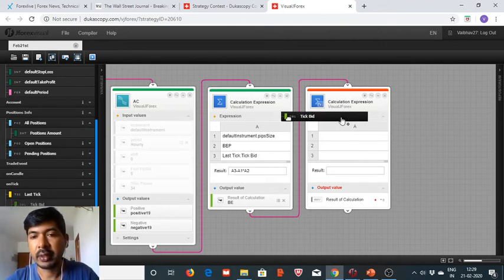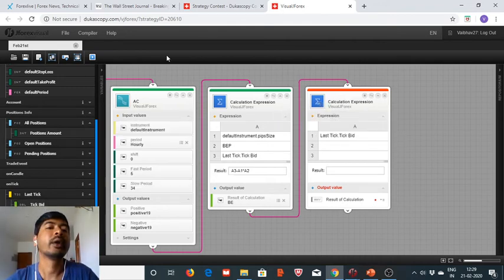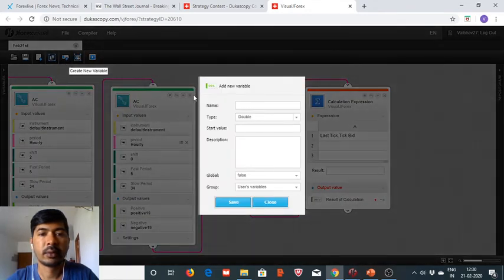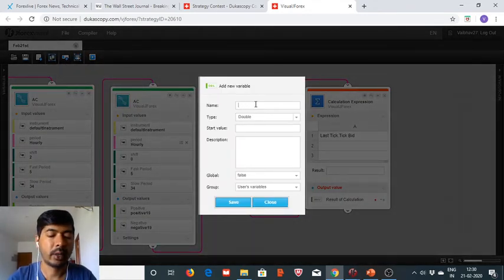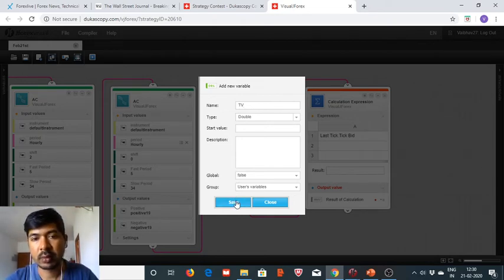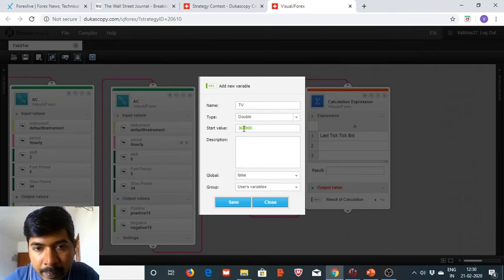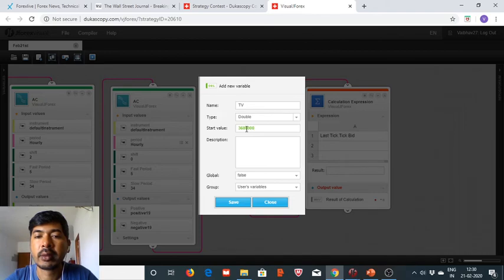We bring in the last tick bid, and we want our order to be valid for 1 hour, so we bring in another variable, and we name it time validity TV, and the value, there are 36 lakh ticks in 1 hour, so we write 36 lakh. Let me count if I'm right. I think I will need one more zero. Yes, 1000, 10,000, 6 lakh, 36 lakhs.